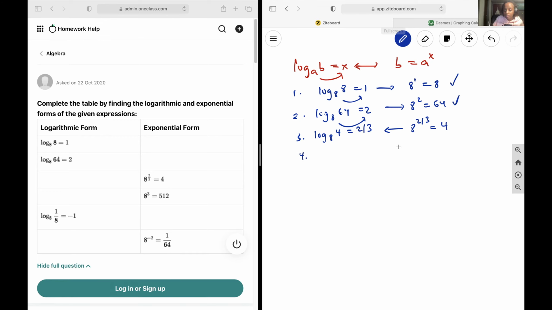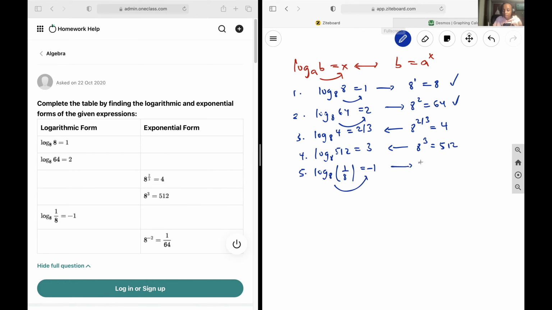Next up, again, we're going in the opposite direction. 8 cubed is equal to 512. This becomes log 8 of 512 is equal to 3. So just imagine it would swoop in, 8 cubed, 512. Next up, we have log 8 of 1 over 8 is equal to negative 1.